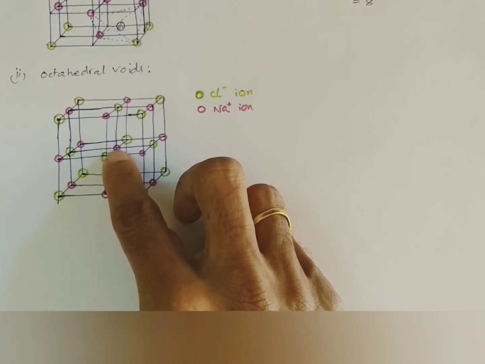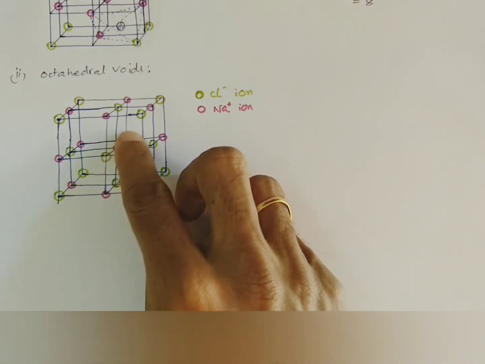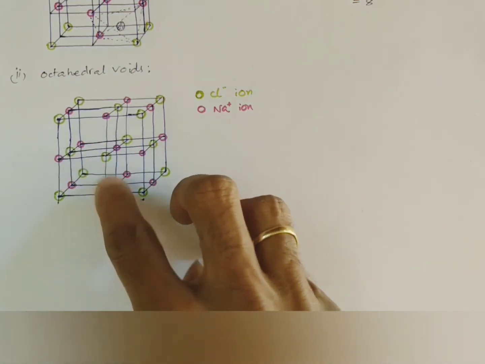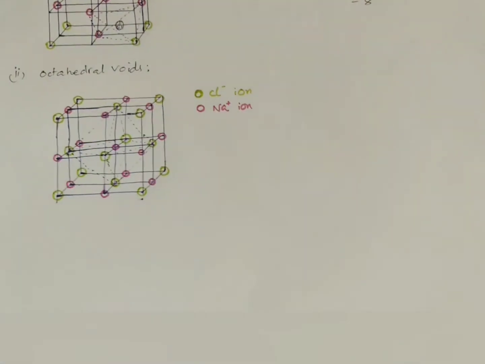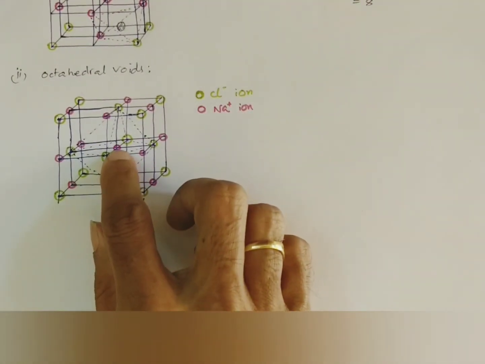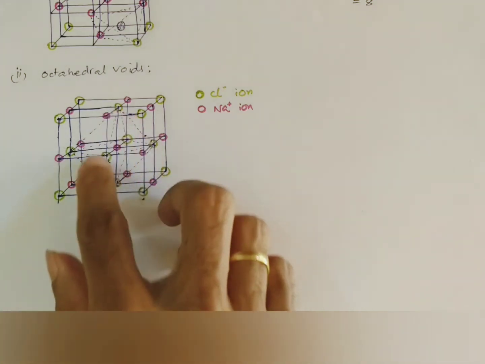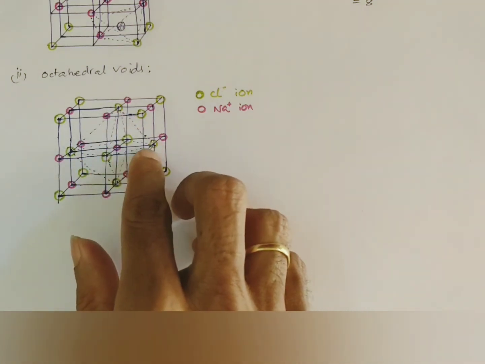This is present at the body centered position and it is surrounded by 6 Cl- ions: 1, 2, 3, 4, 5, 6. So actually 6 Cl- ions are forming an octahedral void. So here Na+ ion is present in the octahedral void created by chloride ions.